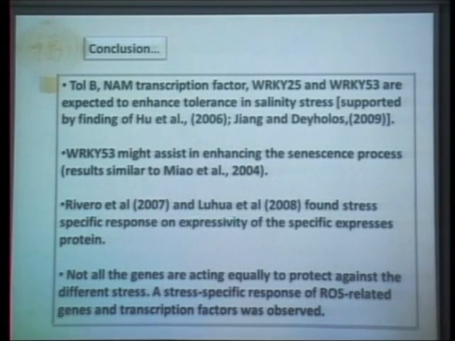Similarly, Rivero and Luha found stress-specific response on the expressivity of the specific expressed protein. They worked only on the expressed proteins, the function of which is unknown, and they found that the response is specific to the type of stress the plant is bearing.